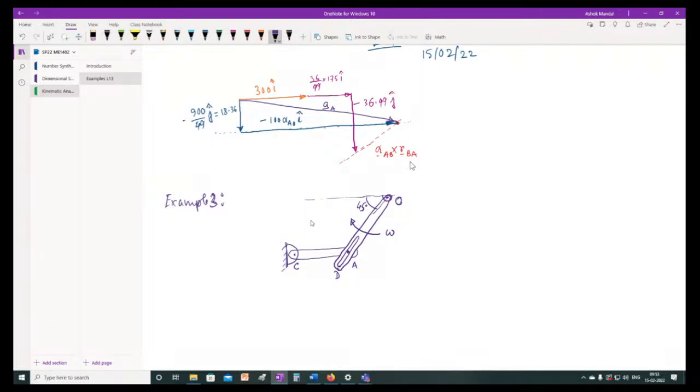Okay, let us give you all the dimensions. From this point to this point, the distance is 450. From this point to this point, the distance is 225.